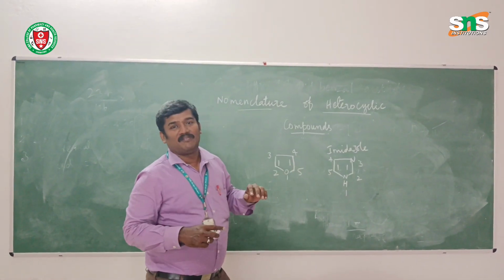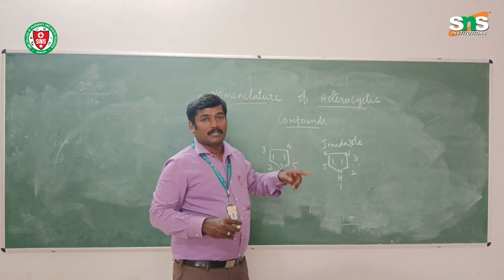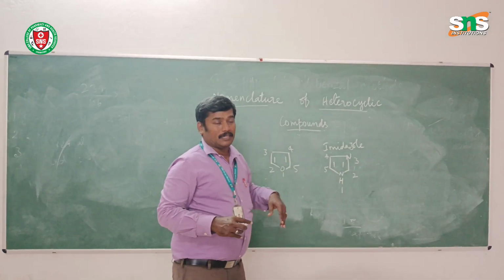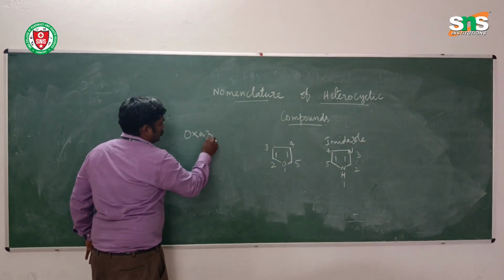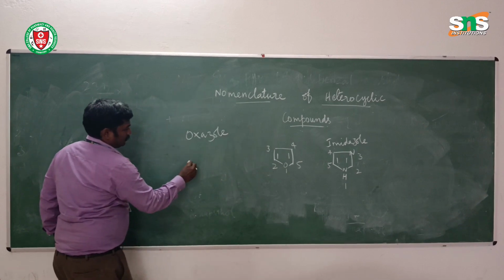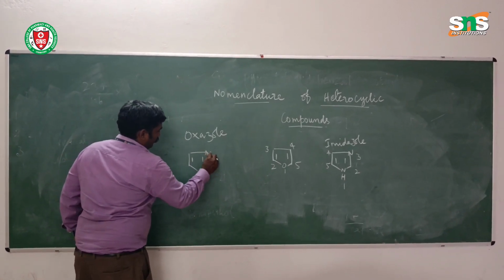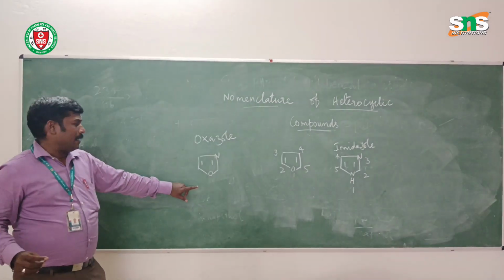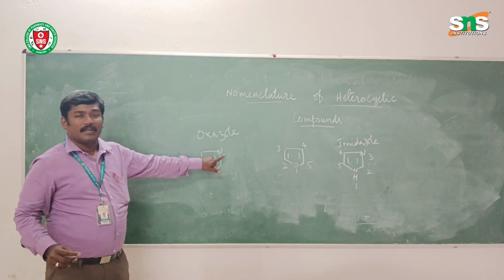Another problem will arise. That is, if different types of heteroatoms are present, how can we write that? For example, we will see the structure of oxazole. So this is the structure of oxazole. Here oxygen is present as well as nitrogen.